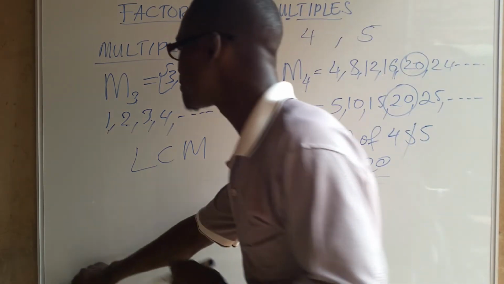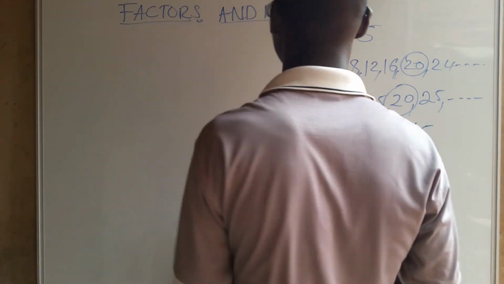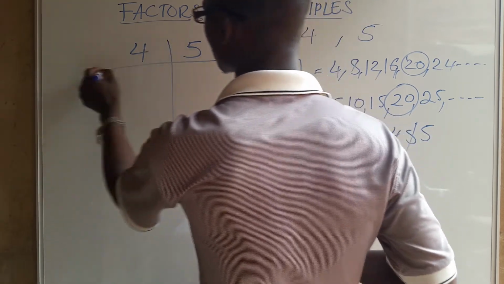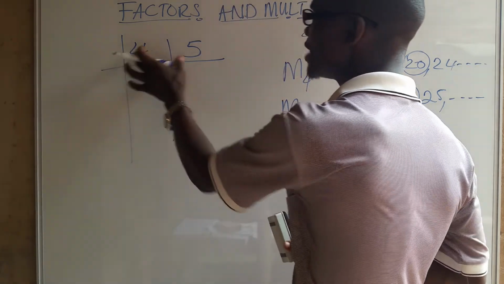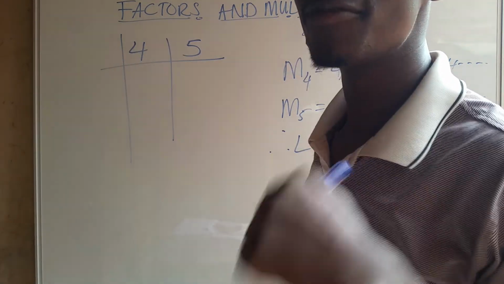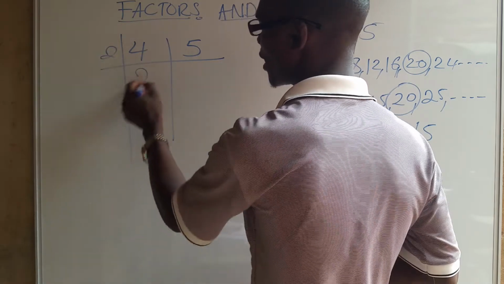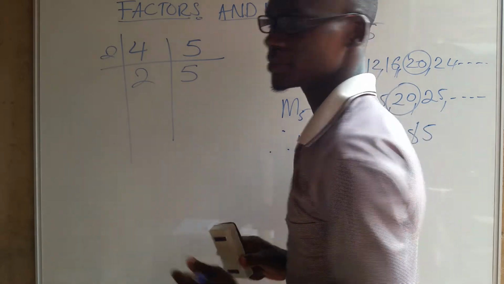That is to say, we shall have 4, 5. We divide these two numbers by their prime factors. So by 2, we shall have a 2 and 5, since the 2 cannot divide 5.